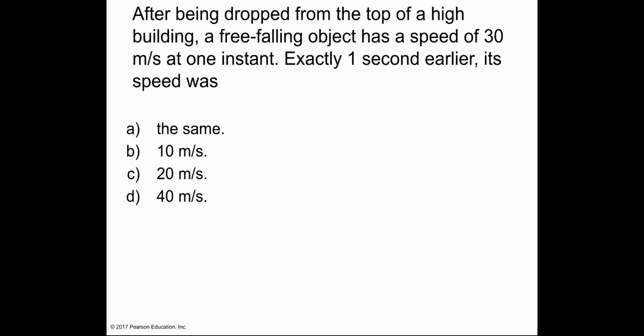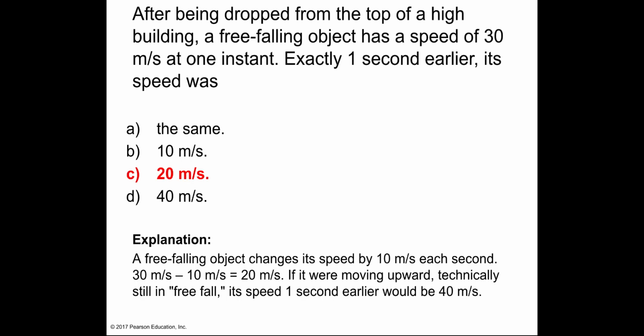Exactly 1 second earlier, its speed was obviously 20, because remember, as soon as it's dropped, and because it is a free falling object, it is going to have an acceleration of 10 meters per second squared caused by gravity. So if it is having a speed of 30 after free fall, initially its speed was 20.